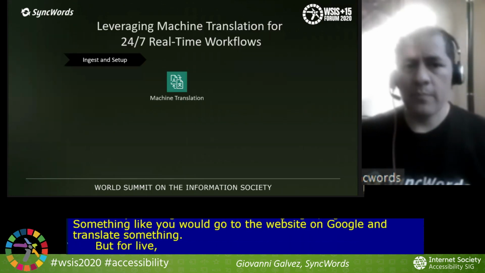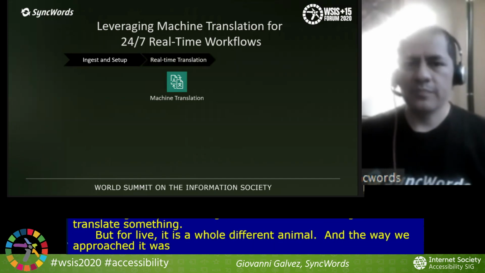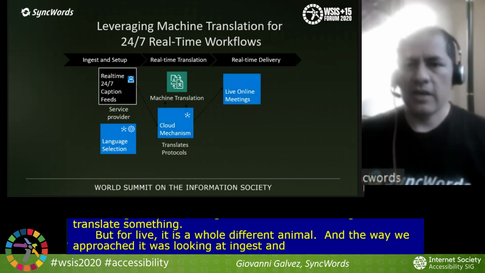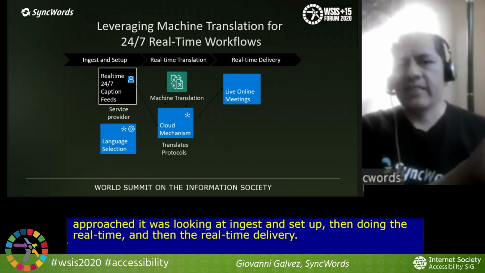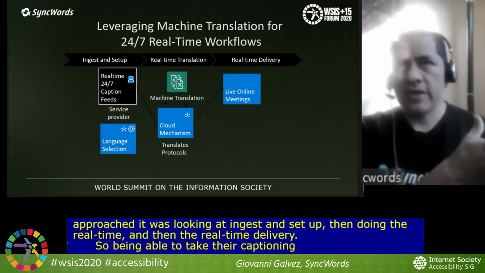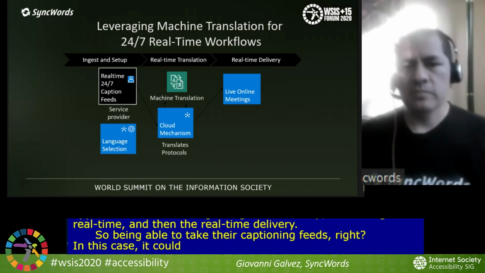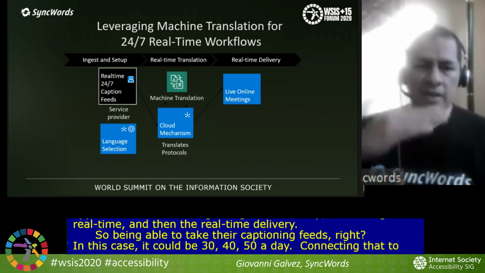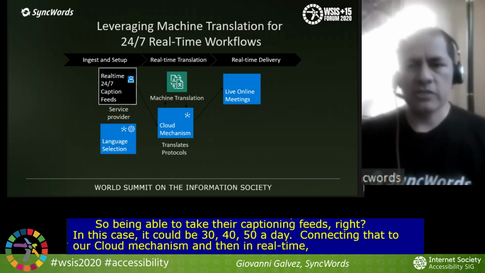The way we approached it was looking at ingest and setup, then doing the real time and then the real time delivery. So being able to take their captioning feeds, in this case it could be 30, 40, 50 a day, connecting that to our cloud mechanism, and then in real time feeding that in an effective way to machine translation.